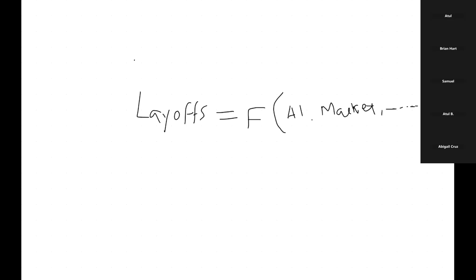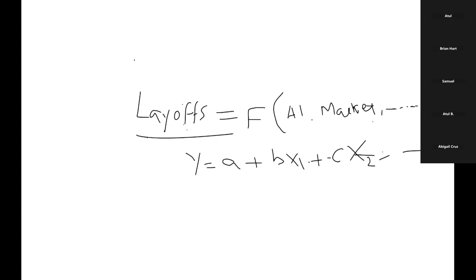So y equals a plus bx1. Basically, first you start your thought process from your understanding of what could be the reason for layoffs. So bx1 plus cx2 plus keep going on, up to 5 variables. Now, getting the data. For layoffs, you can say 5% layoff.